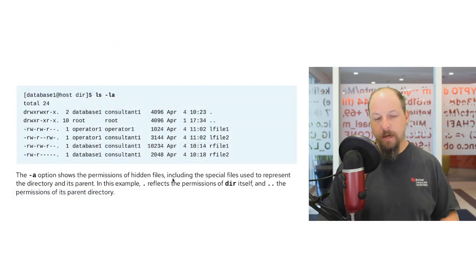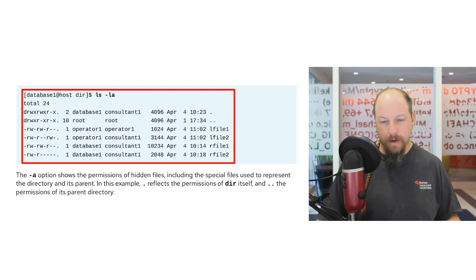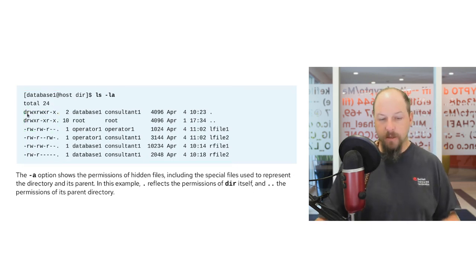We can take a look at this output to start considering some of the permissions that we see. Have a glance at this output as we discuss these permissions. Specifically, our permissions will always occur in the boxes here. Taking a look at the first file, we see that we have the local directory, or dot, the current working directory, set up as a directory with rwx, or all permissions, for the user, database1, that owns the directory.